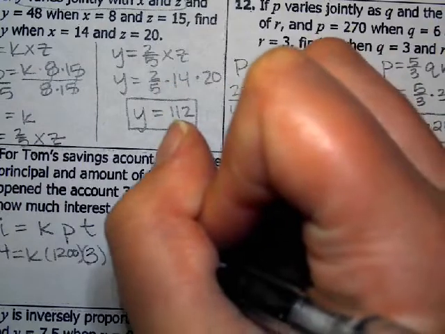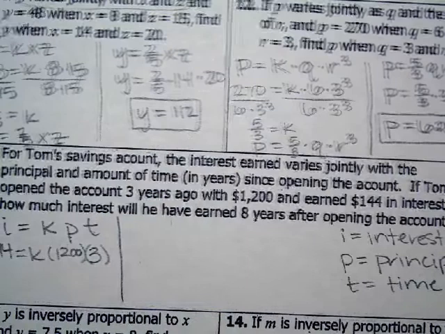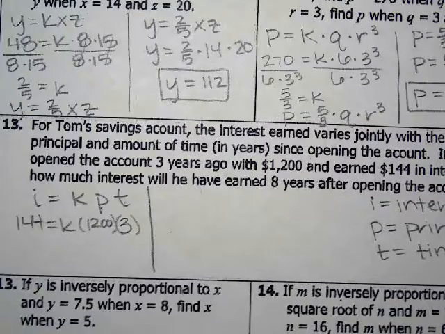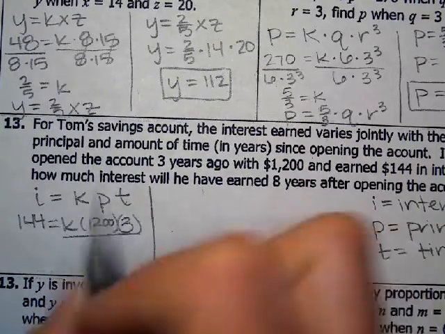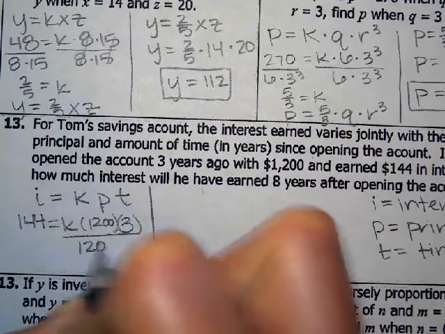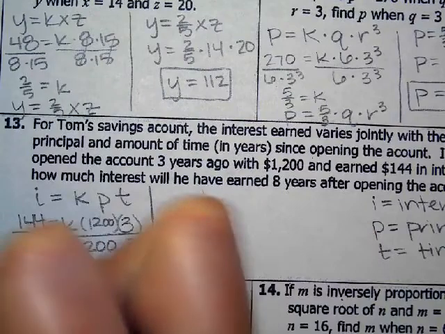So let's go ahead and solve for K. And divide by 1,200 times 3, divide by 1,200 times 3.